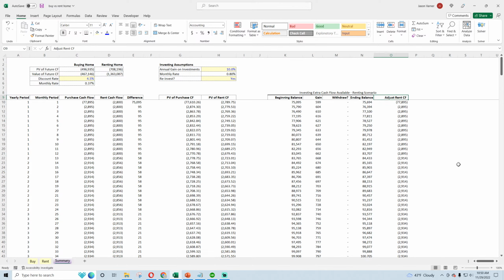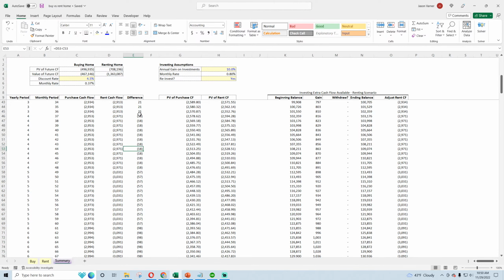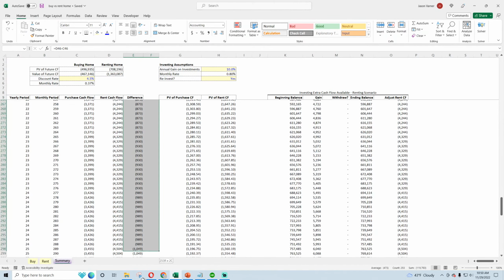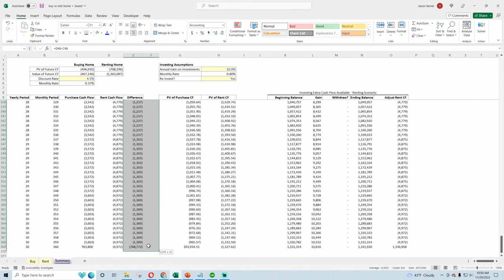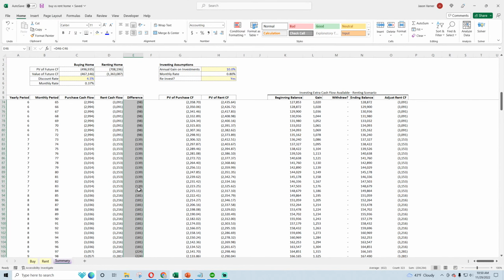Look, there's also this difference here. If in this case the rent eventually gets more than the buying, so there's $200,000 here that you could potentially have invested because you're saving money by buying.